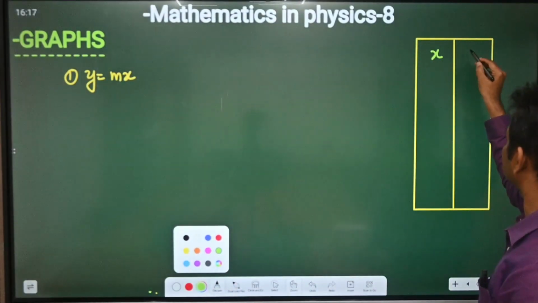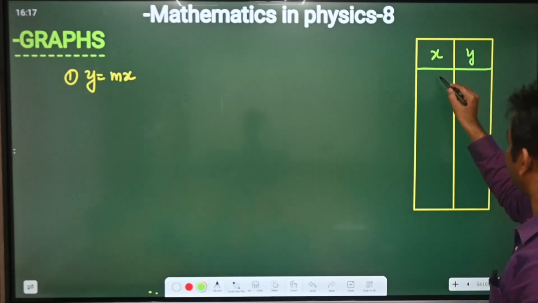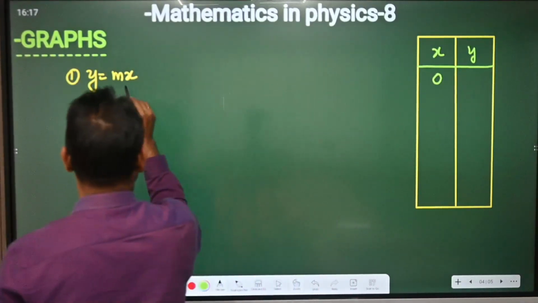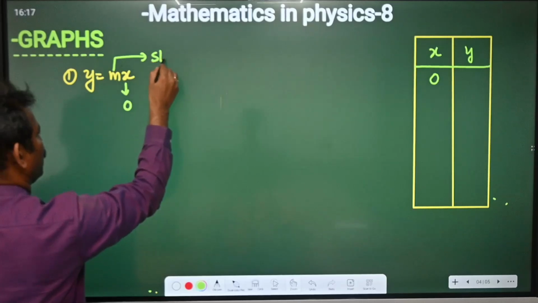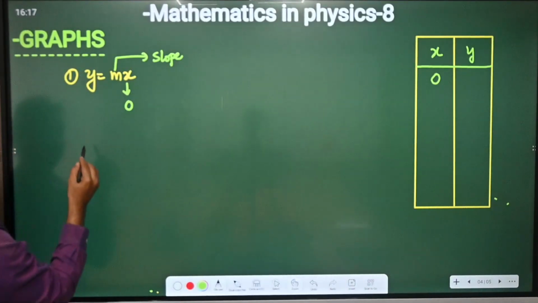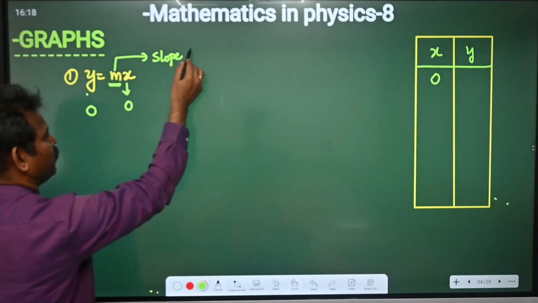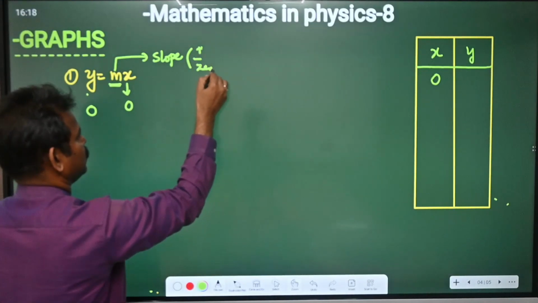Let us say this is x, this is y. If you take x as 0, substitute this x as 0 here. Here m is the slope of the graph, and y will become any value. Slope may have any positive or negative value or even 0 also.